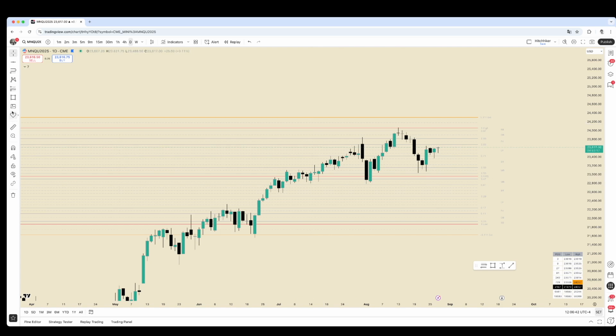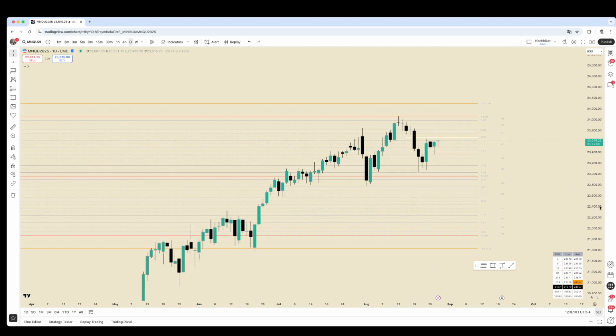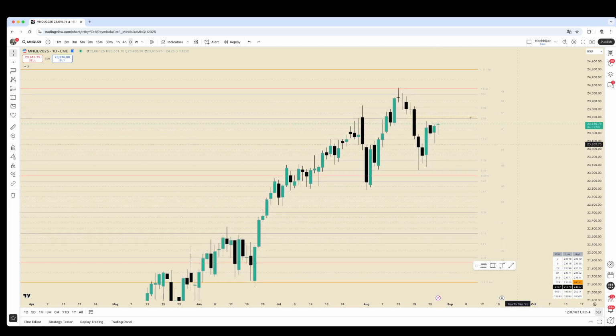What will be interesting to see, and therefore the higher levels are interesting, we have here in the fair value gap level, this fair value gap. Let's see what it does then here, but this could be, for instance, your next target.